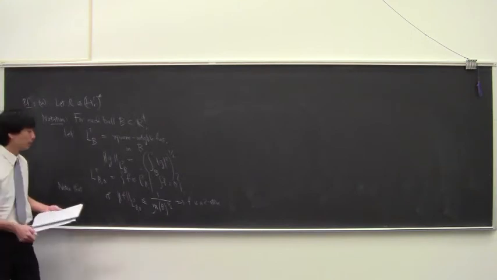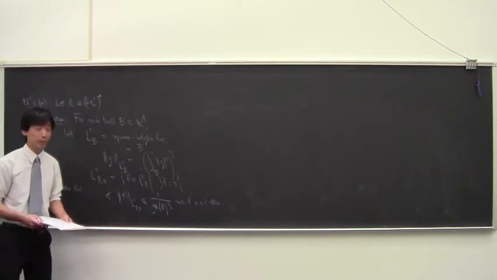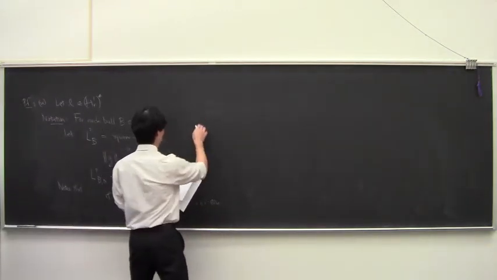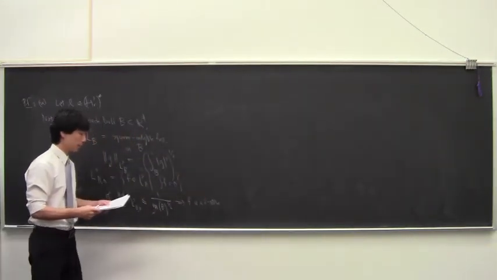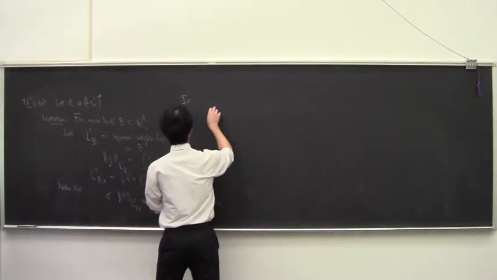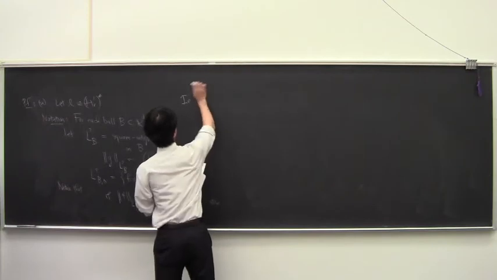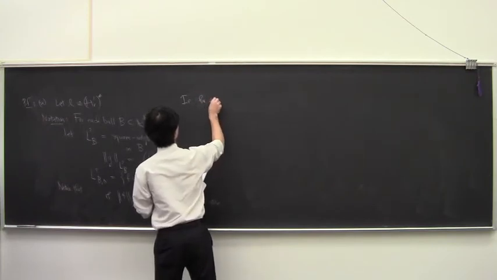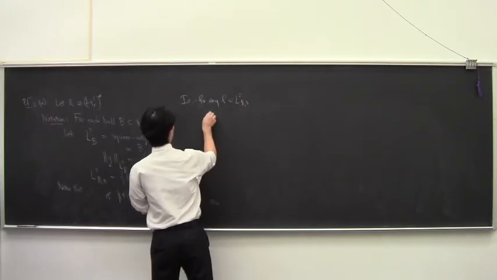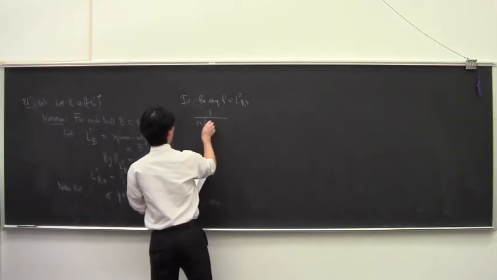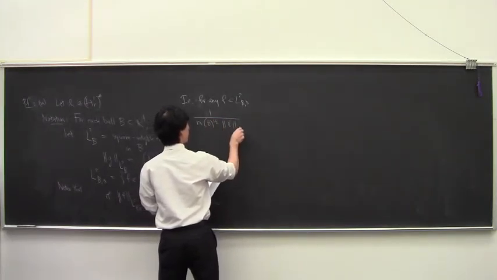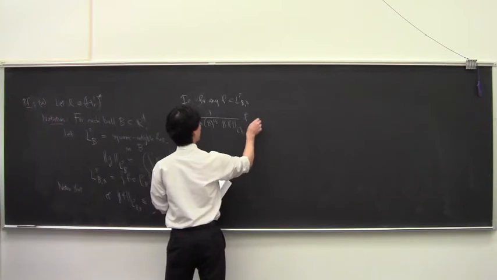That is to say, for any f in L2B,0, 1 over the square root of the measure of B times the L2B norm of f is a 2 atom.